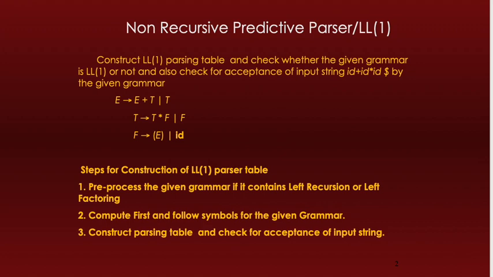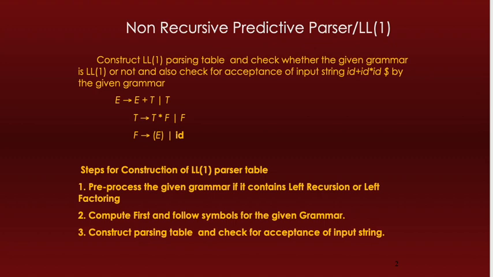There are four steps actually. The first step is to pre-process the given grammar: if the input grammar contains left recursion or left factoring, you eliminate it. The next step is, after eliminating left recursion or left factoring, for the final grammar you compute FIRST and FOLLOW for all the non-terminals.